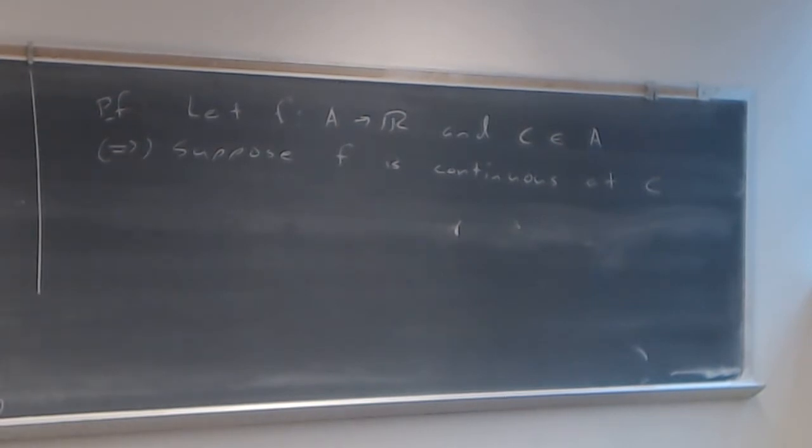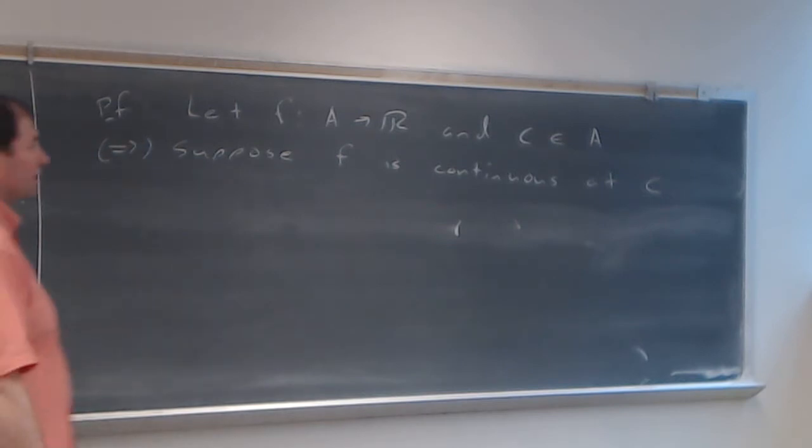Okay. What is it we want to show? We want to show that anytime you give me a sequence in A that converges to c, then f of that sequence will converge to f of c. That's what we want to show. Let me say how we do that. We can't really show it for every individual sequence in A that converges to c.